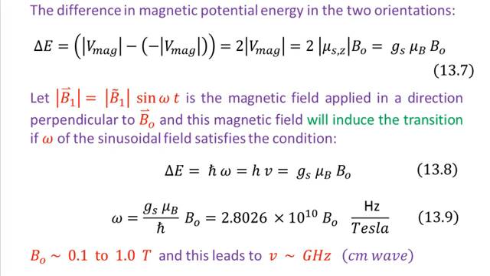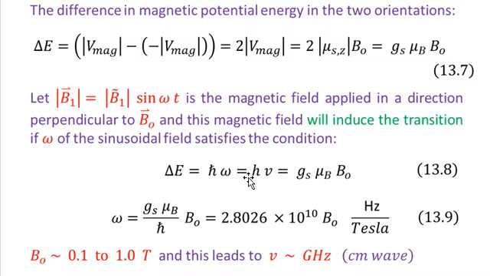B1 bar is the magnitude of the vector B1, and sine omega t is the sinusoidal component, because the magnetic field B1 varies sinusoidally with frequency omega. So B1, as defined here, is the magnetic field applied in a direction perpendicular to B naught, and this magnetic field will induce a transition if omega of the sinusoidal field satisfies the condition.